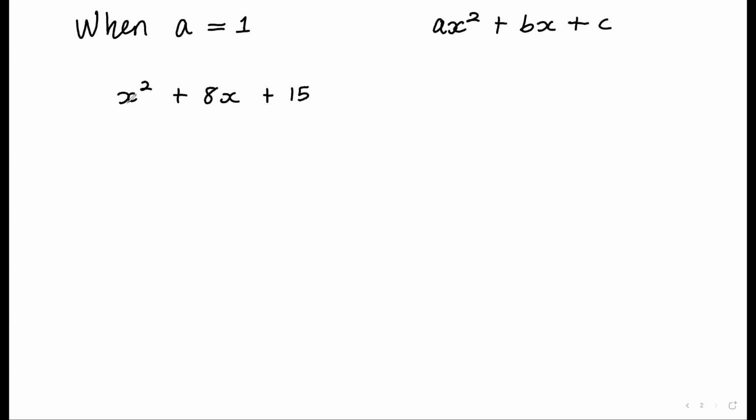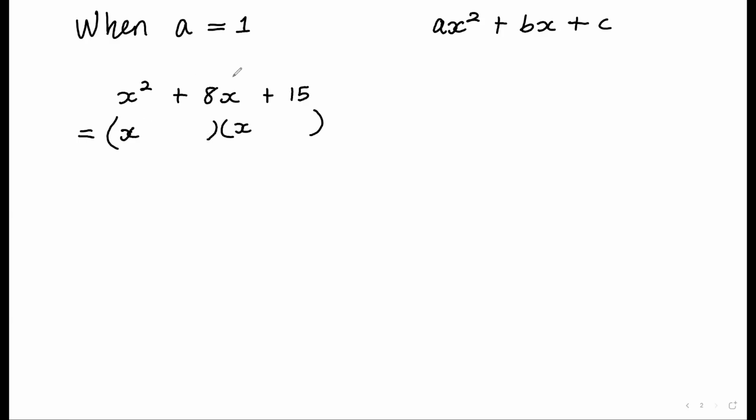So when you're factorizing a quadratic in which the coefficient of x squared is 1, it's going to factorize into double brackets like this. And what goes here, we're going to have x and x. Now, all of these are positive, right?